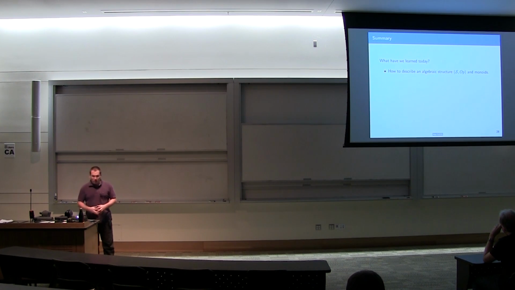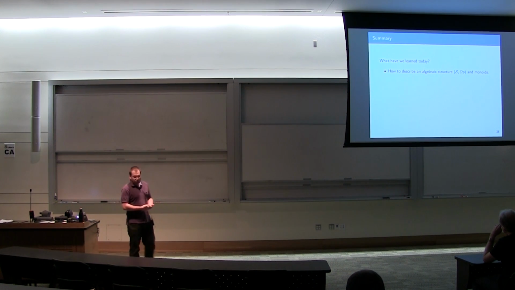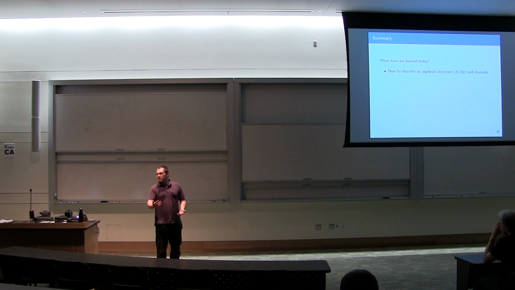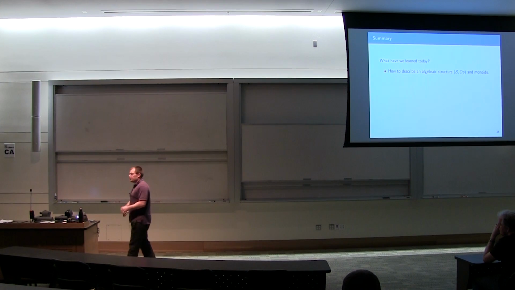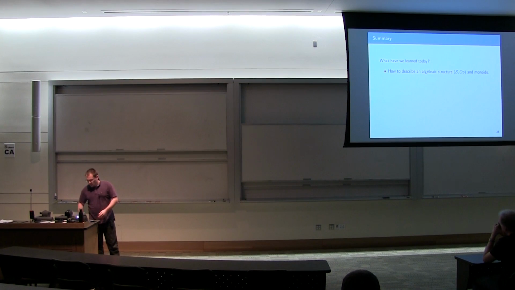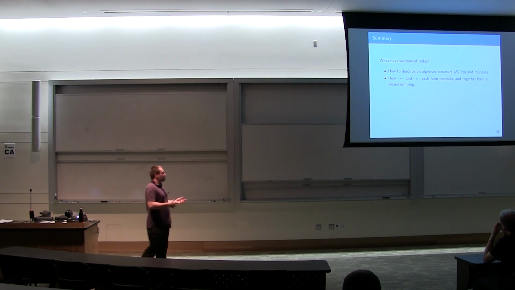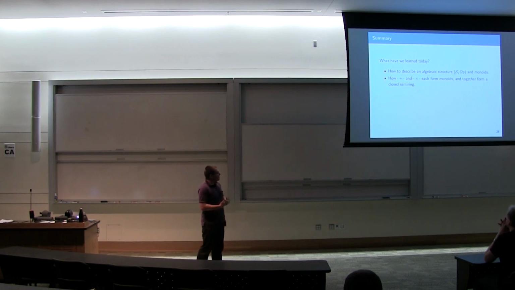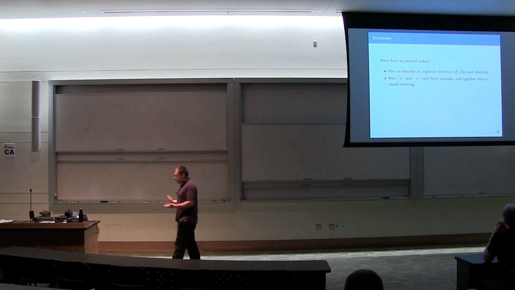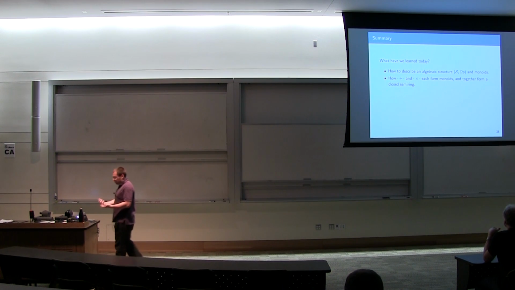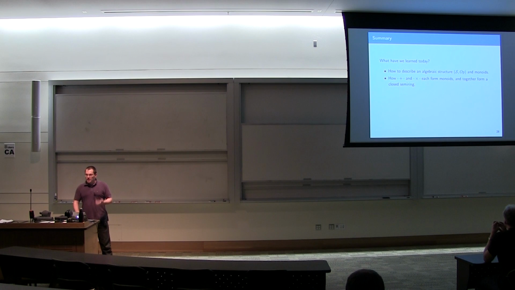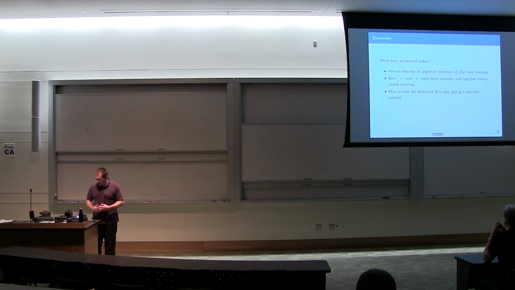Right? So what have we learned today? We've learned how to describe an algebraic structure and a little bit about monoids, because monoids are helpful for describing a bunch of structures, including products and sums. We've described how addition and times, or the sum and the product, each form monoids, and which together form a closed semiring, which, remember, also has that unary operator, the star.